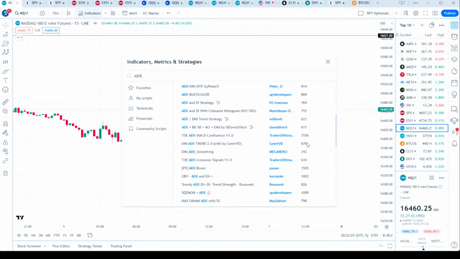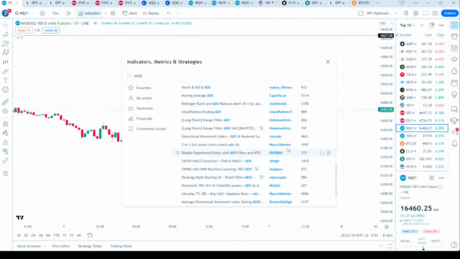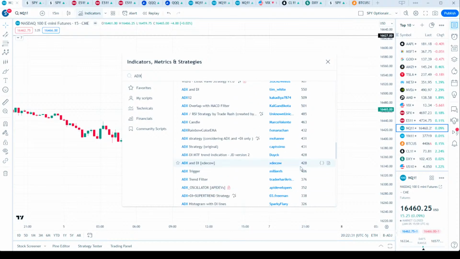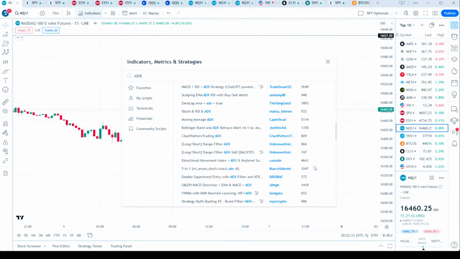If you start scrolling, you'll see these are all people, and this is usually their username or whatever they go by. Somebody has made this indicator using what's called PineScript, and you can make these indicators and then add them to your chart, or when they make them public, basically anybody that wants access to them can get them.